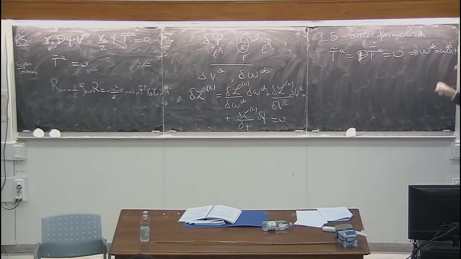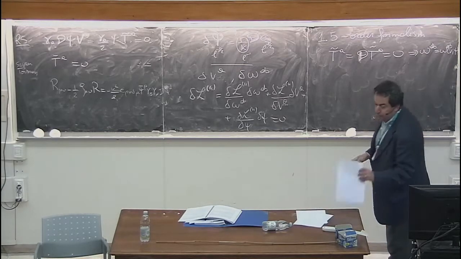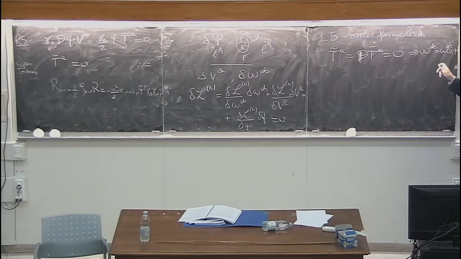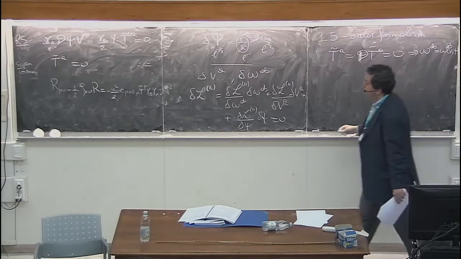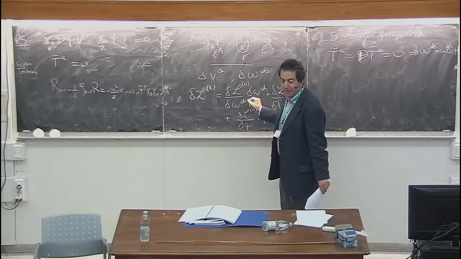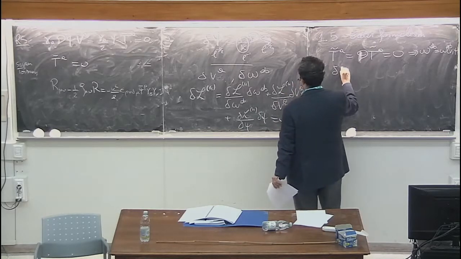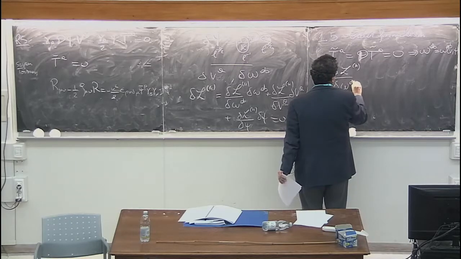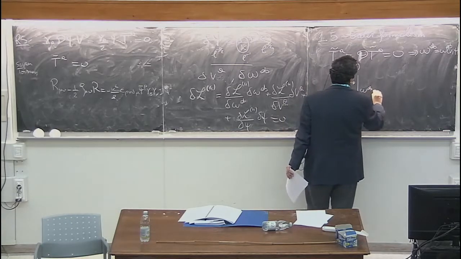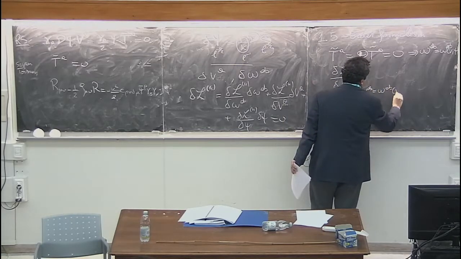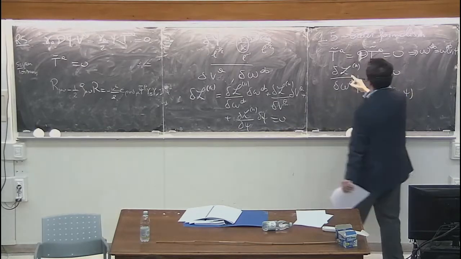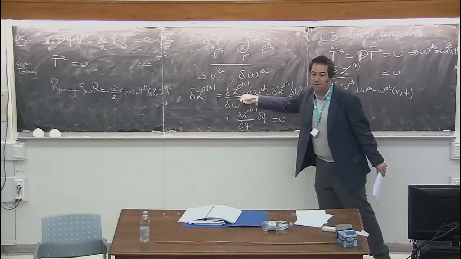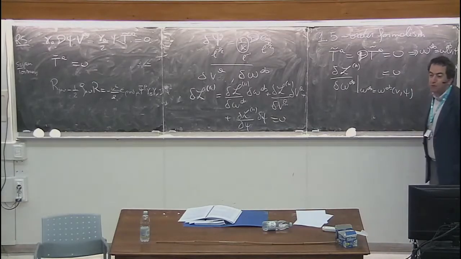Why does this simplify our treatment? Simply because, since we are partially on shell, delta L4 over delta omega AB is 0. The first term is nothing but the field equation for omega AB, namely the super torsion equation.